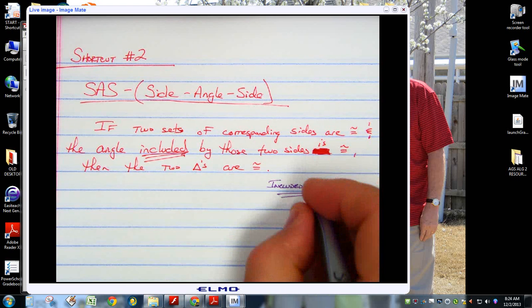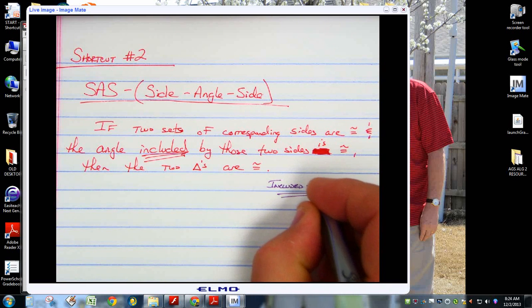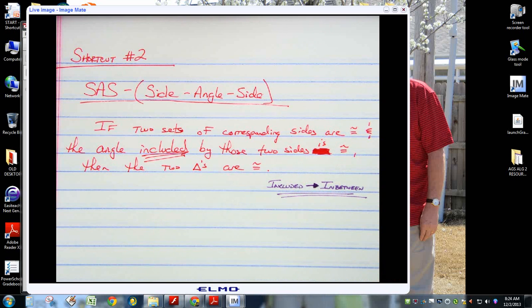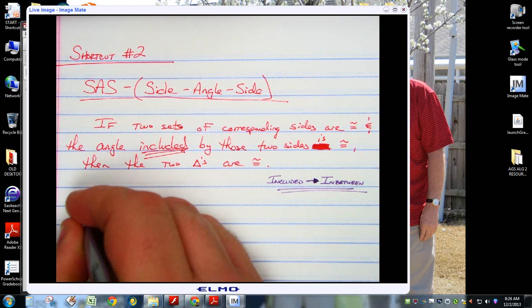Included equals in between. Probably some complicated reason why they couldn't use the word in between. So what's going to matter here is the two sides that are congruent. And I'll give you an example.